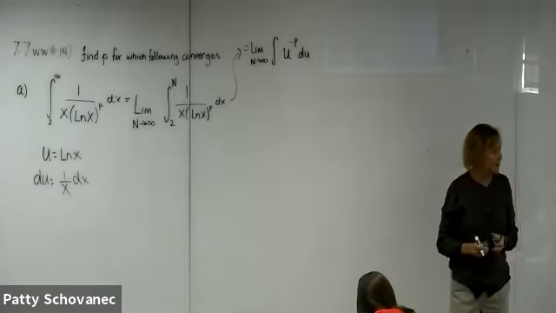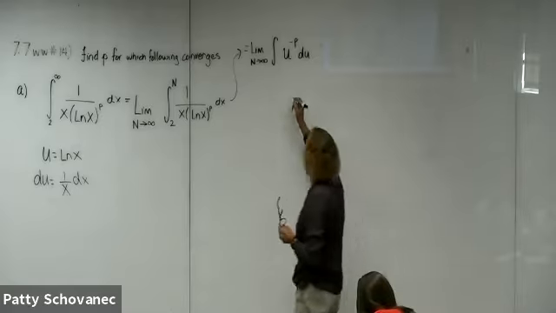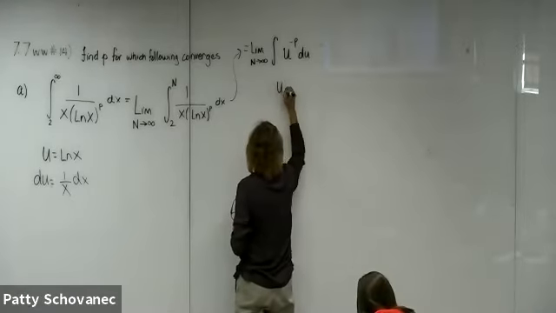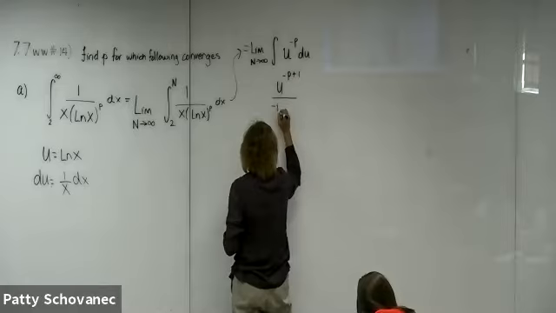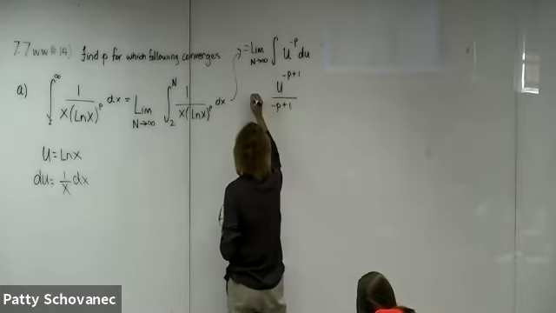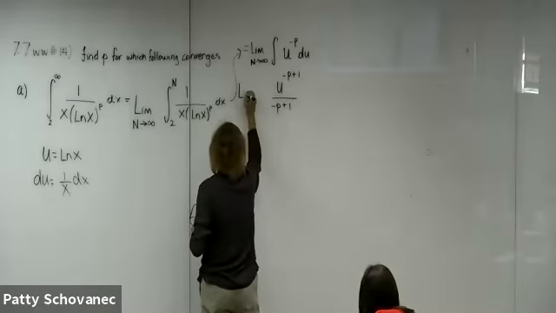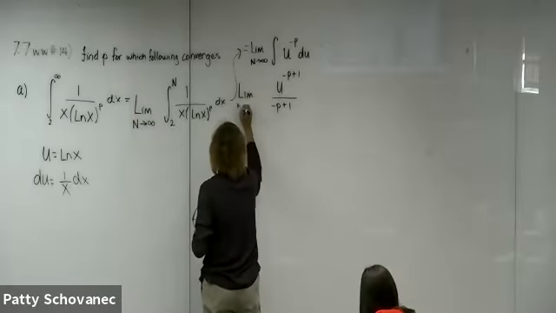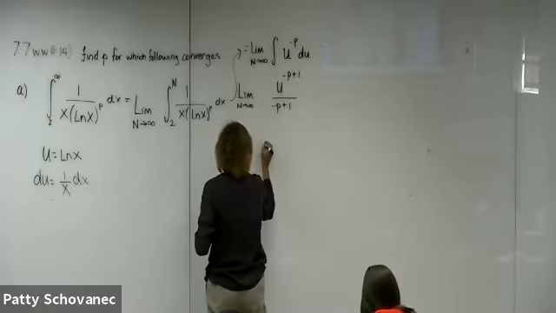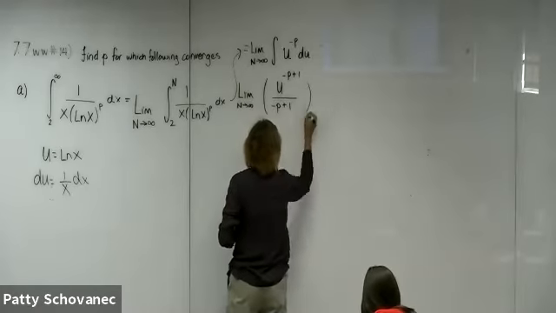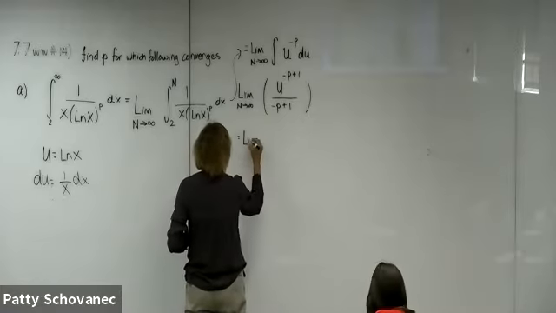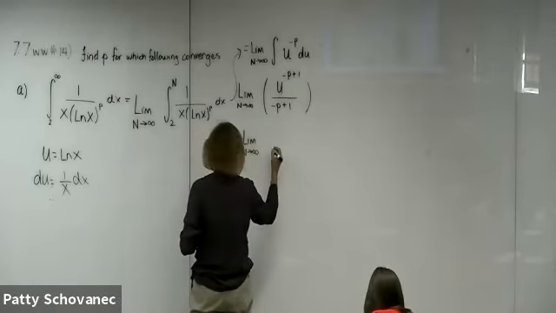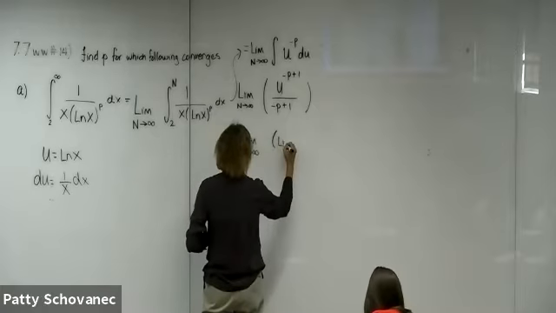So we add 1 to the power and divide by the new power. We have u to the minus p plus 1 divided by minus p plus 1. Let's go ahead and put that back in terms of logarithms, and then I'll put the limits of integration in there. U was the natural log of x.